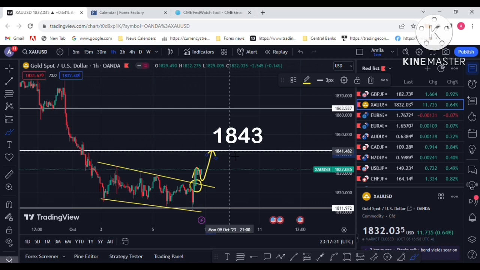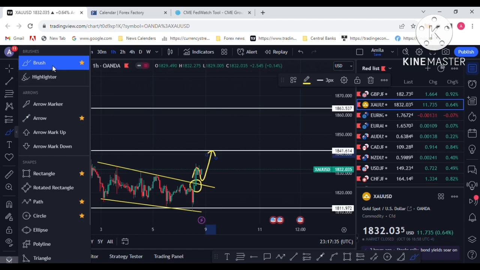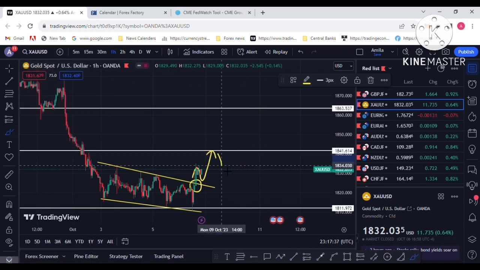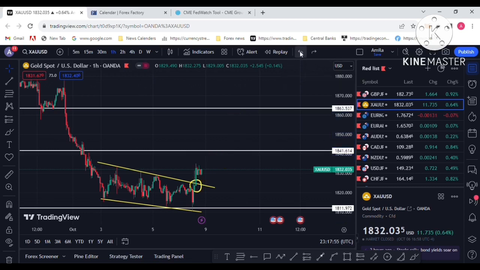1843 is my next level target next week. So you have a buy opportunity with the retracement of this breakout and another drop. Next, 1860 is the next target, the Fibonacci 0.618 level. So you have a buy opportunity with the gold retracement next week.